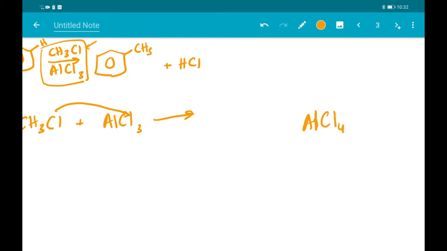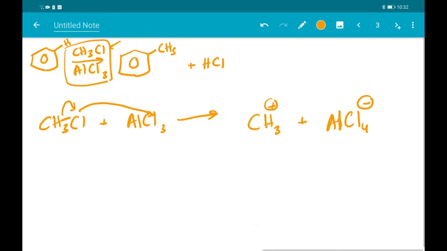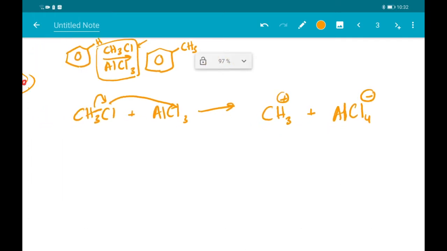Since there is excess electron at the AlCl4, this is a nucleophile. It has more negative charge. For the CH3, since the bond between CH3 and Cl has been broken and the electrons move to the Cl, it leaves only the CH3 to act as the electrophile. Remember, an electrophile is a species attracted to electrons. That's why the charge will be positive. This will be the first step.